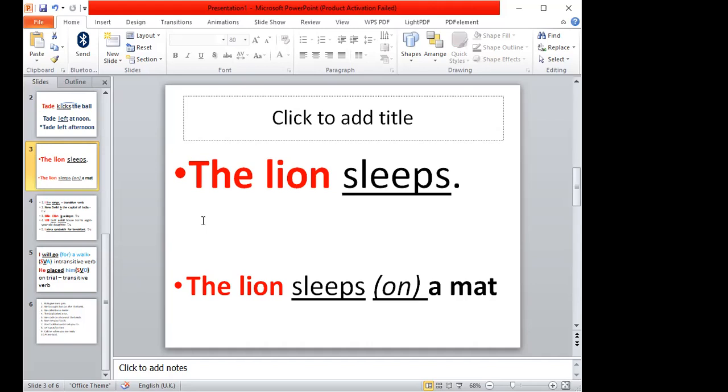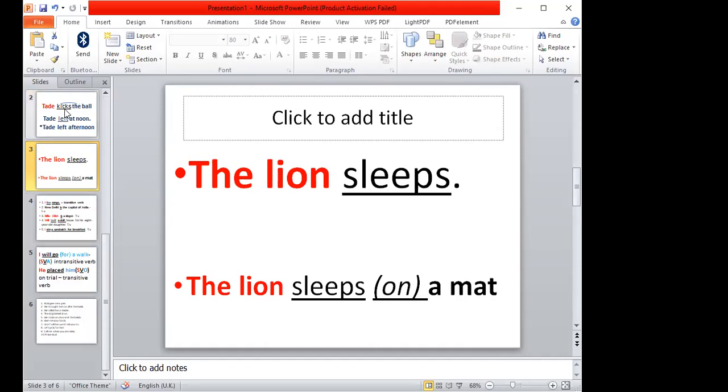But for an intransitive verb, the verb becomes independent on its own. You realize that there is nothing else receiving the action from the subject.